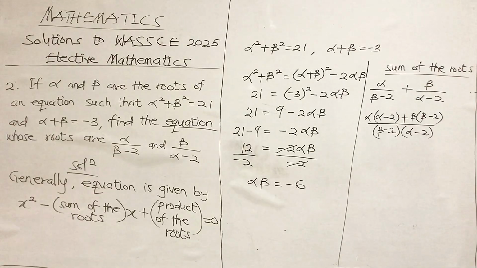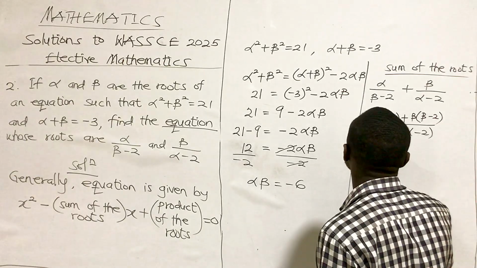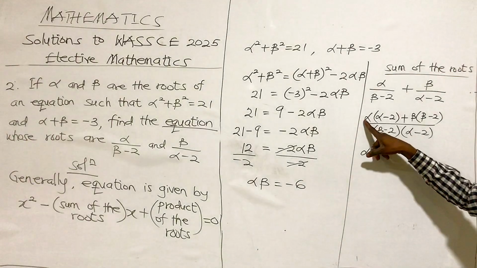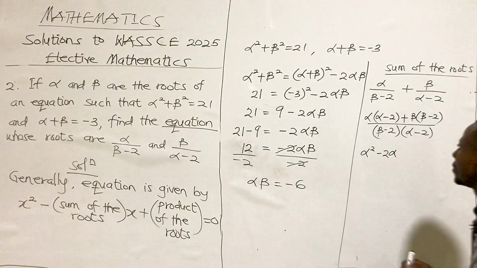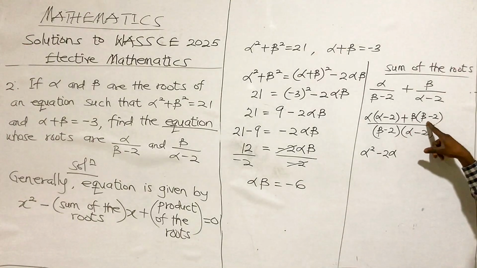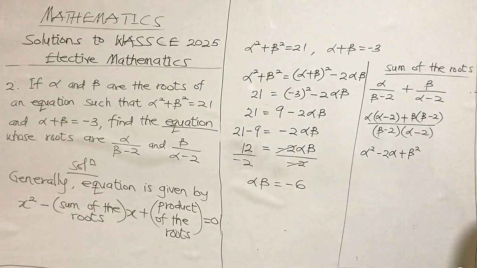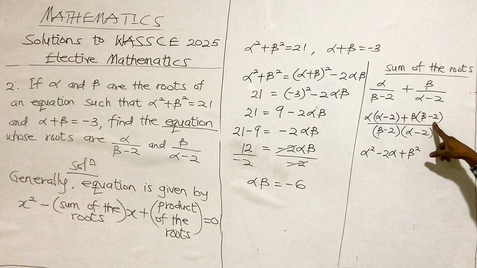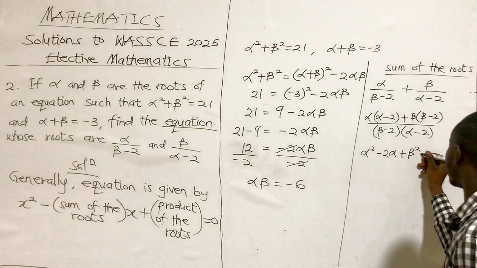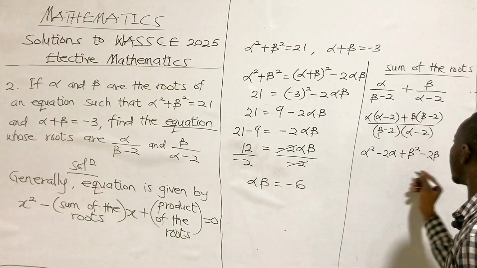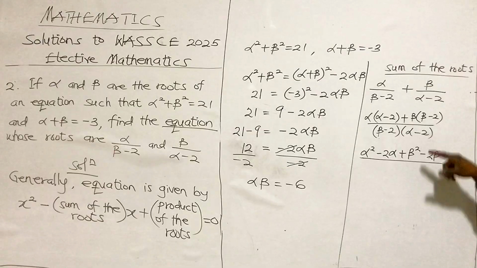Now let's expand. Alpha times alpha is alpha squared, alpha times negative 2 is minus 2 alpha, beta times beta is beta squared, and beta times negative 2 is minus 2 beta. All over, we also expand the denominator.